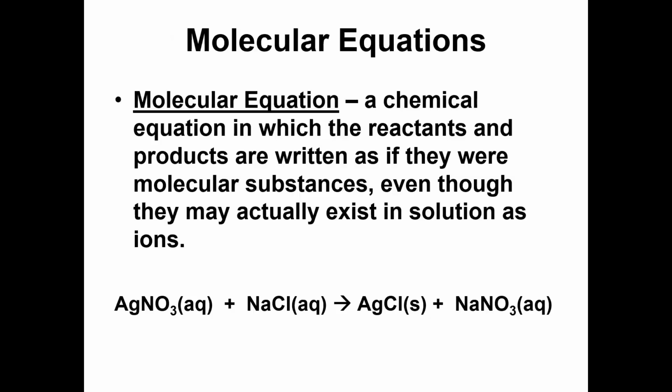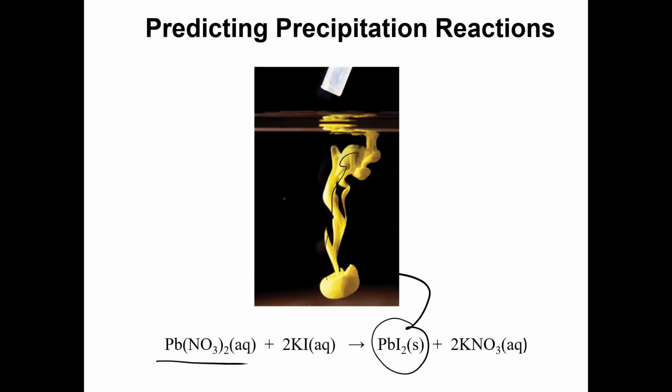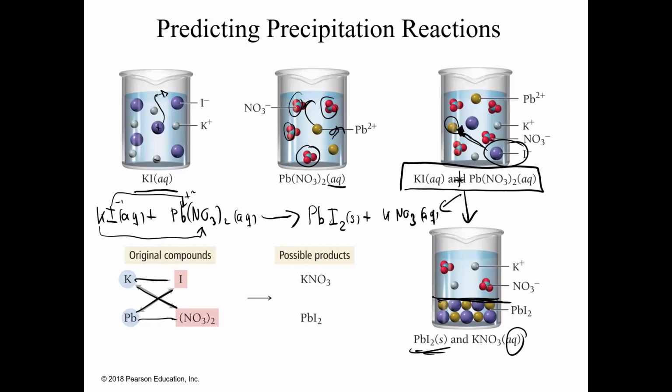All right, and so let me go back here. Right, so we have the molecular equation. Let me use this as an example. What you can also do is you can write the ionic equation, which shows us what's actually happening in solution, and it helps us understand why a reaction occurs.